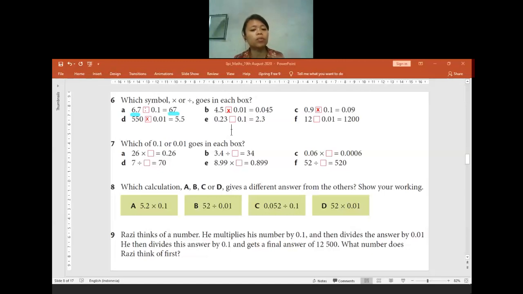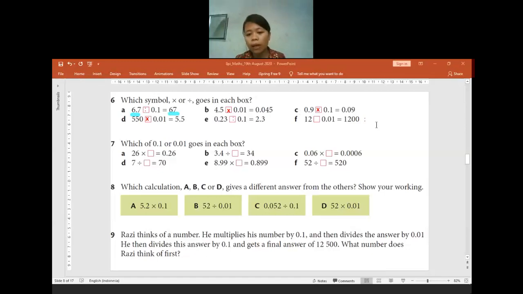From 0.23 becoming 2.3, with one less decimal place, it means we will use division, because when we divide the number by 0.1, it is the same as multiplying the number by 10. For question F, will we use division or multiplication? Yes, we will use division.